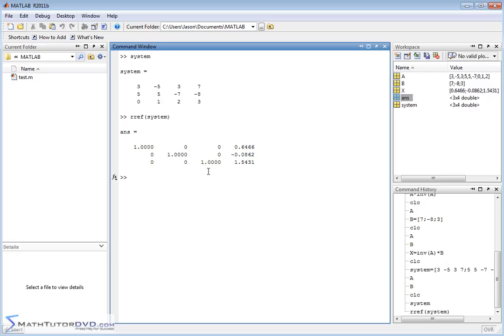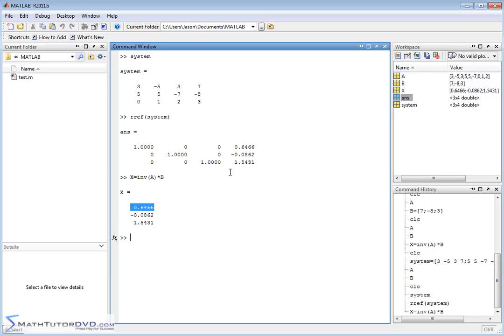It's exactly the same thing as saying that x is equal to the inverse of matrix A times matrix B. Remember, matrix A is just the coefficient matrix, and you're taking the inverse and you're multiplying by this column vector, which is what's on the right-hand side of the equal sign, and notice we get the same numbers. X is equal to this, y is equal to this, and z is equal to this.